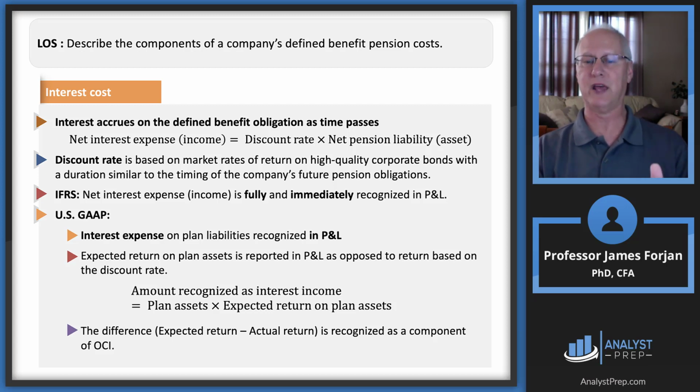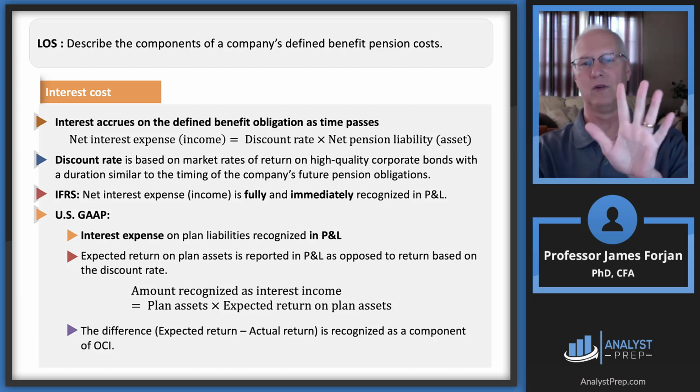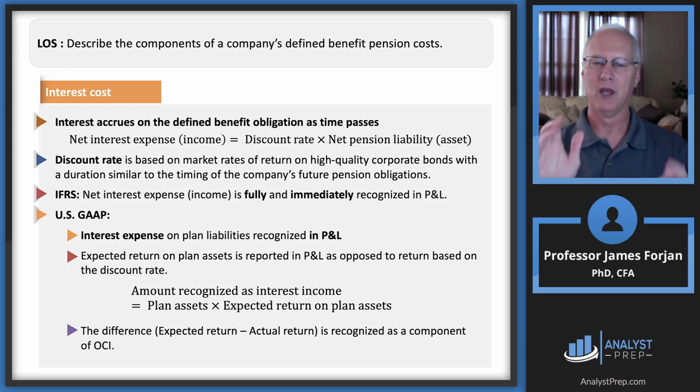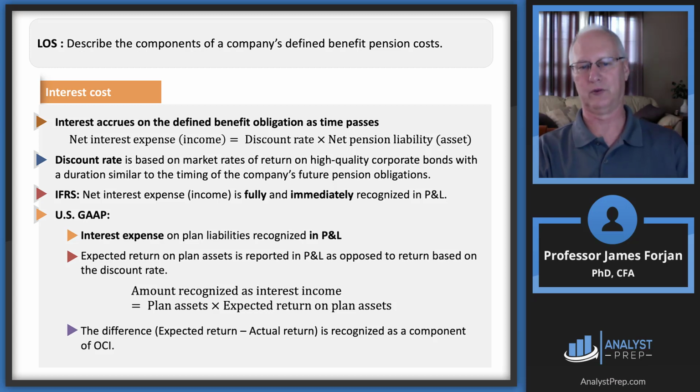And so the difference there is recognized as a component of other comprehensive income. So remember, the international standards, you just throw it over there, profit and loss. But in GAAP, you take the interest expense, that goes where it ought to go. But then the difference is recognized as a component of OCI.